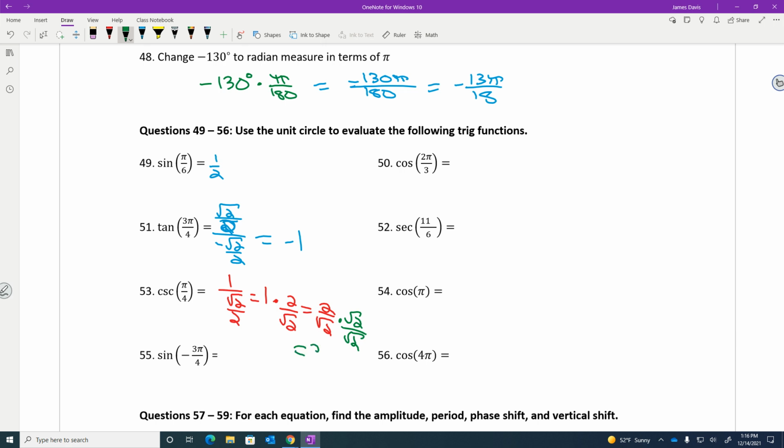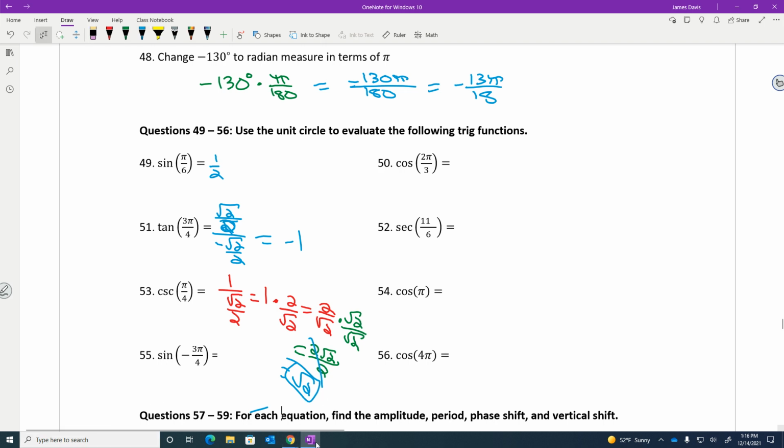And then we get 2 radical 2 on top, and 2 on the bottom. 2's then cancel, so we just get radical 2.